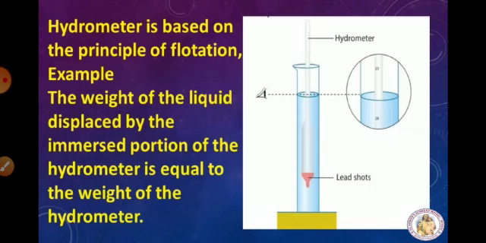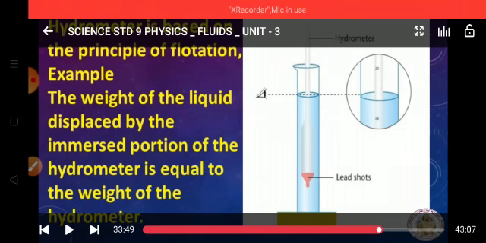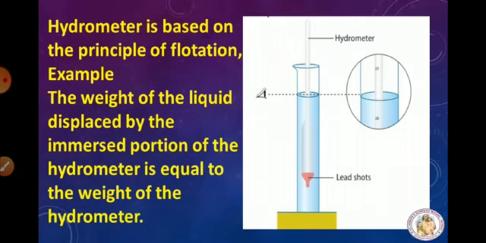So next, the hydrometer is based on the principle of flotation. The weight of the liquid displaced by the immersed portion of the hydrometer is equal to the weight of the hydrometer. So next we will move to the applications of the principle of flotation.